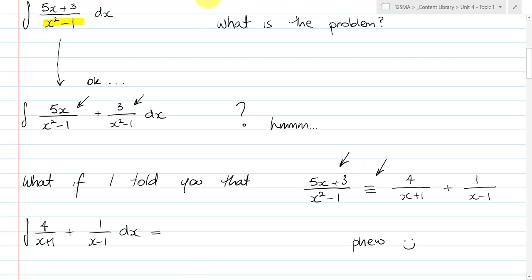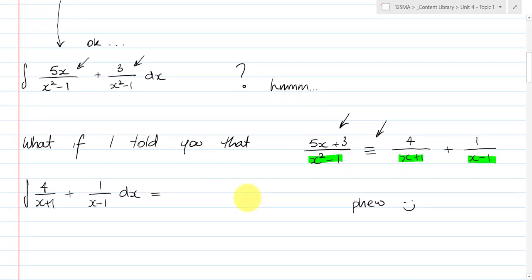A few things to note: x squared minus 1 is actually a difference of two squares, and the factors of x squared minus 1 are x plus 1 and x minus 1. That's going to be an important feature in this series of videos.